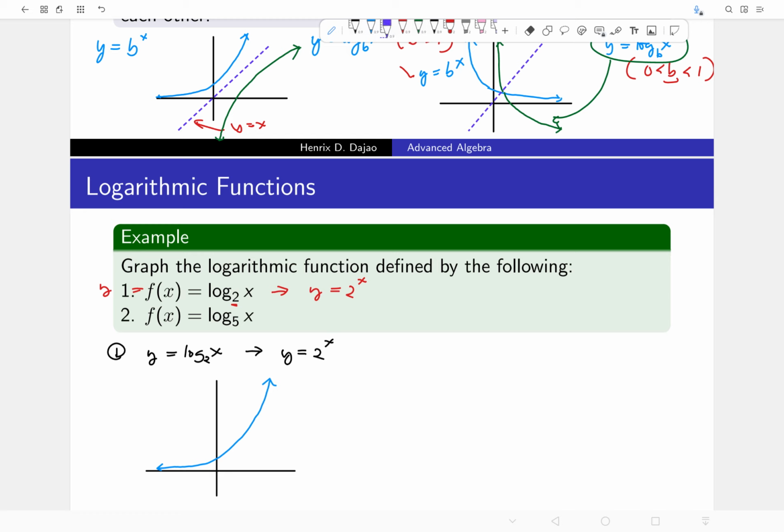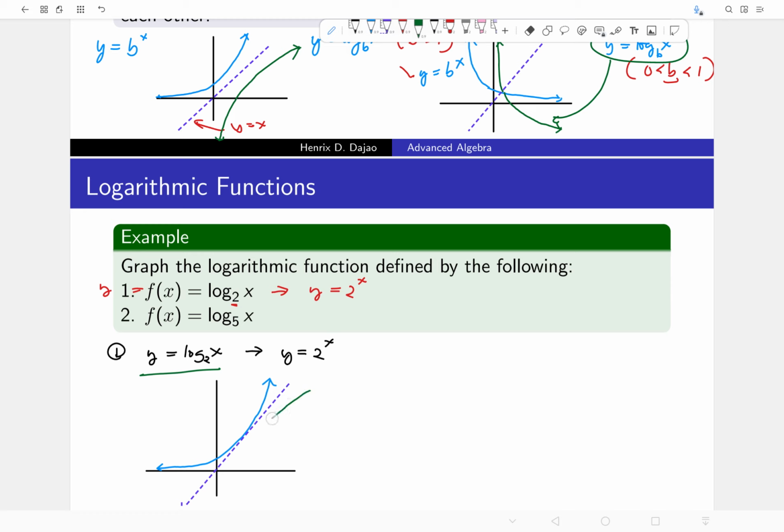So now we will use this line having an equation y equals x. So now the graph of this is the reflection of this blue function.